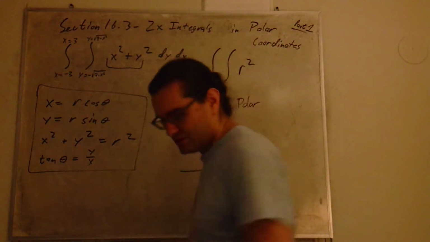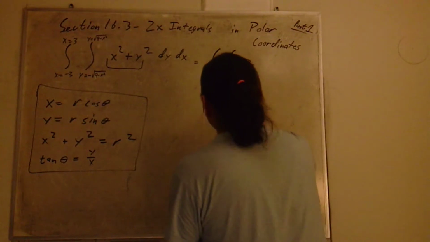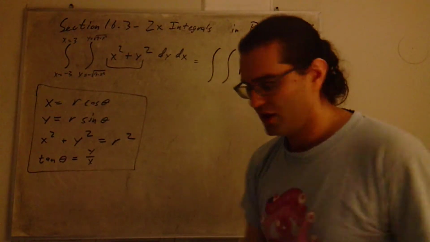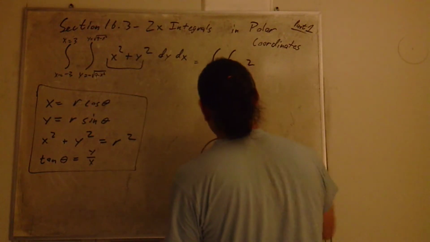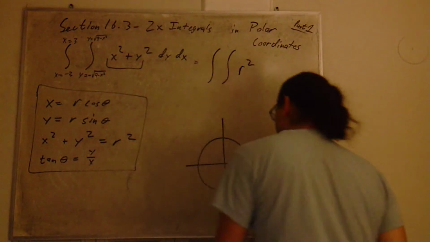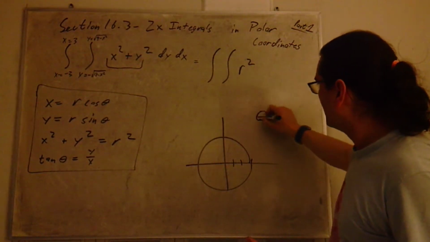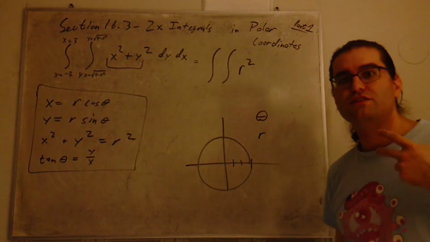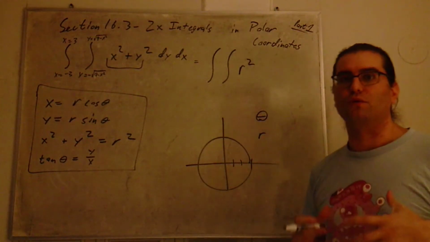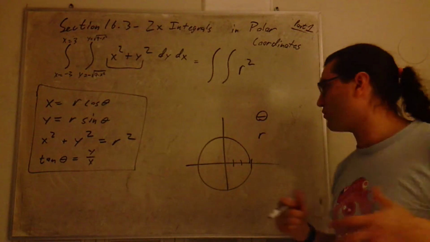So if we want to use polar coordinates to describe a circle of radius 3, using r and theta, this is extremely straightforward. This region is incredibly easy in polar coordinates.